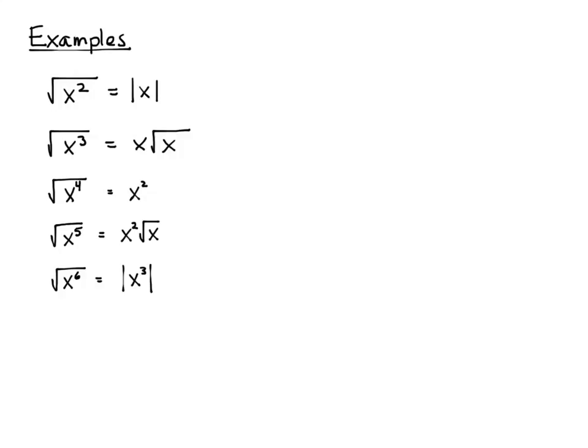I don't understand how for x to the 5th you got x squared, square root of x. Okay, so x to the 5th is the same thing as x squared, x, right?